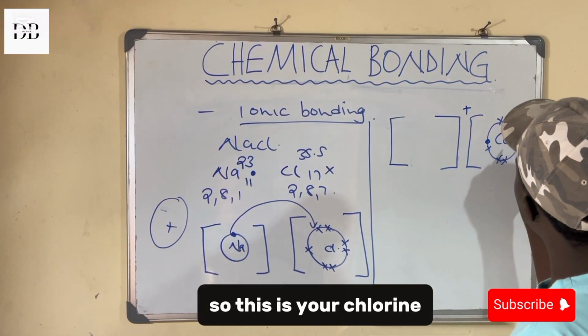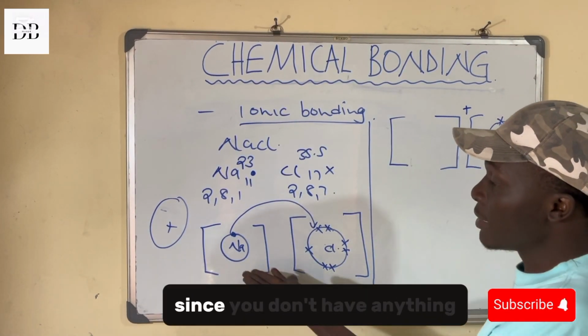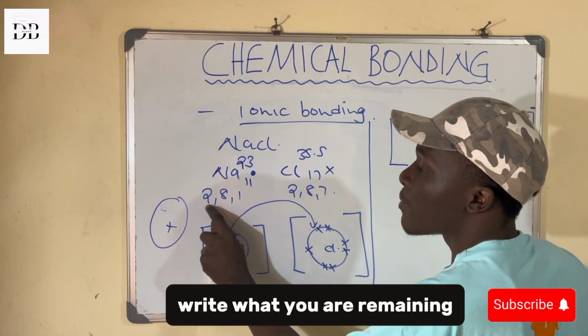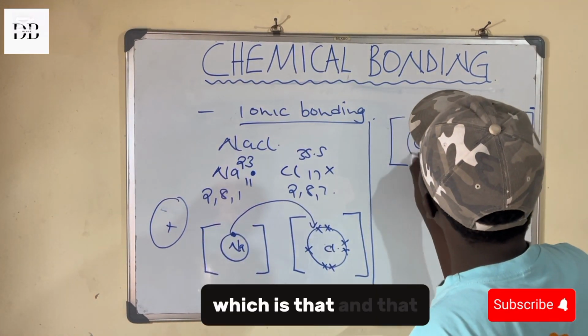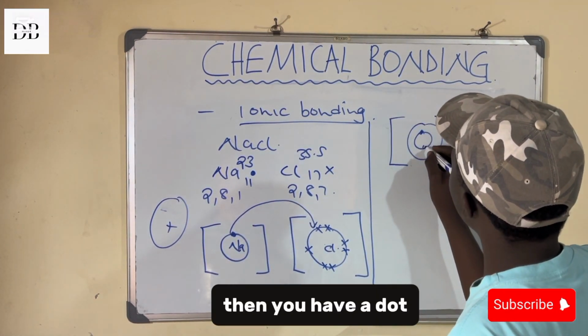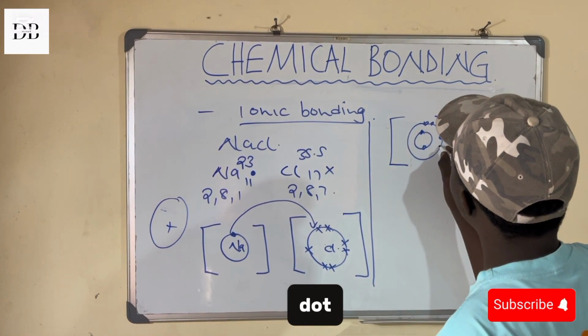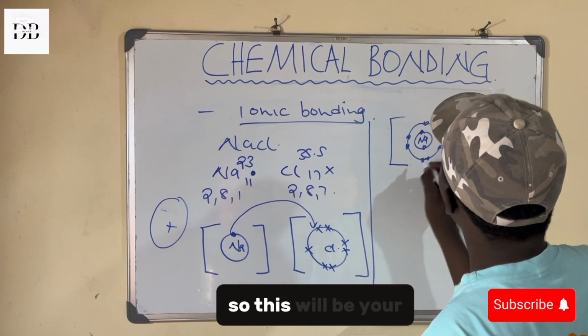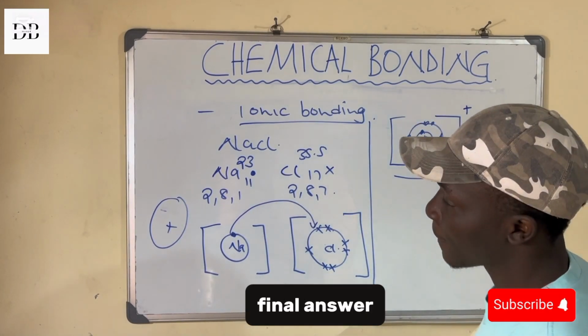So this is your chlorine. And then your sodium, since you don't have anything in your outermost shell, write what you are remaining with, which is that and that. Then you have a dot and a dot. So this will be your final answer.